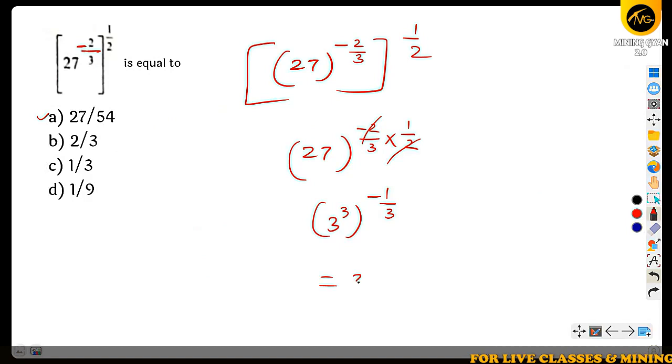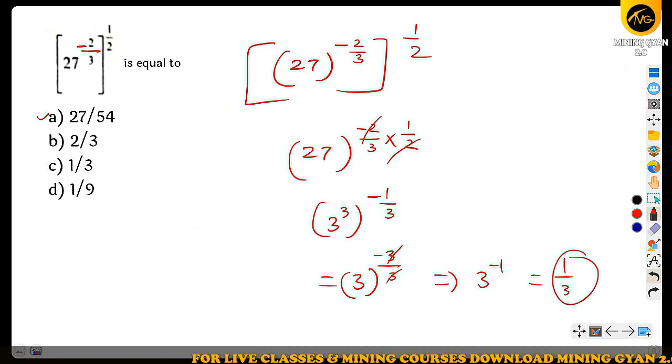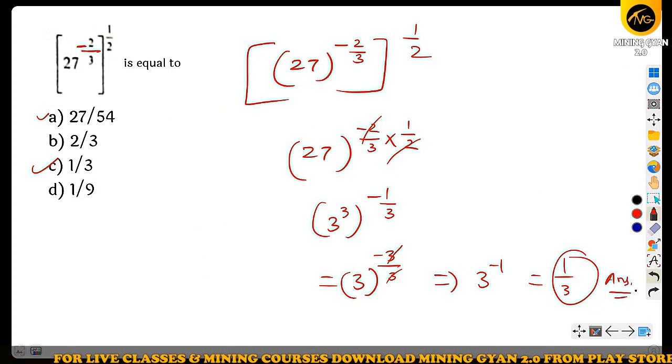Now 3 power minus 1, that means 1 divided by 3. So 1 divided by 3, C is the answer. Correct, C is the correct answer.